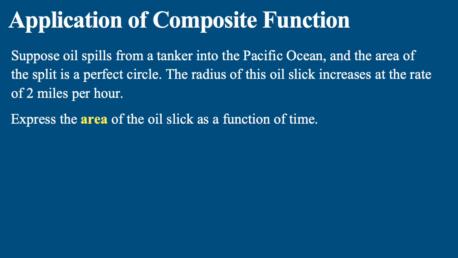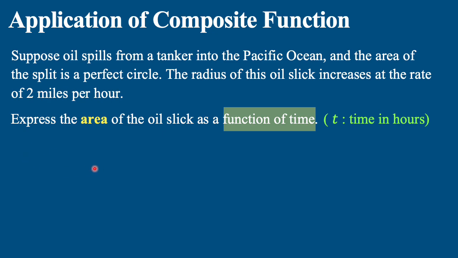One thing you notice in this question, guys, is that area depends on radius, and radius depends on time. The first question asks you to express the area of the oil slick as a function of time, where time t is in hours.